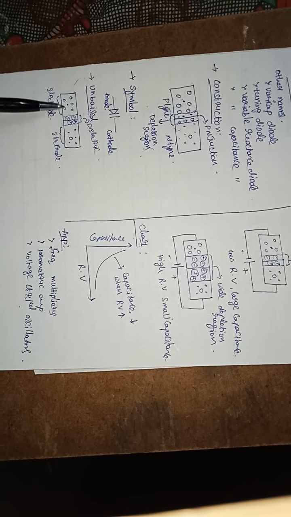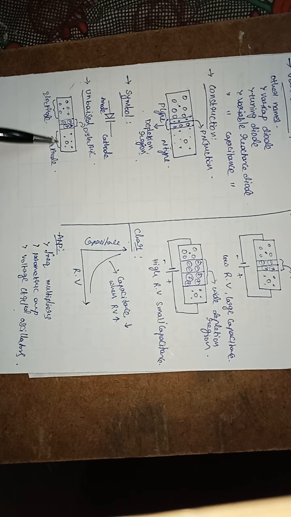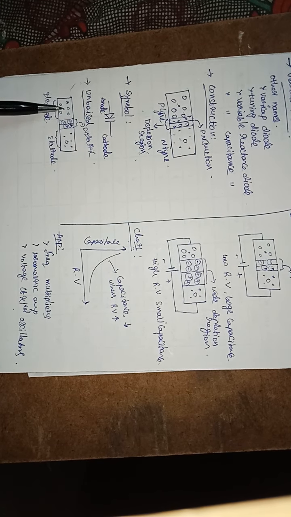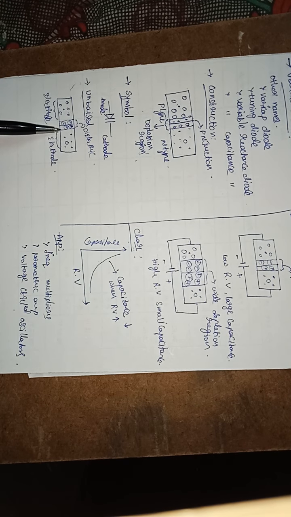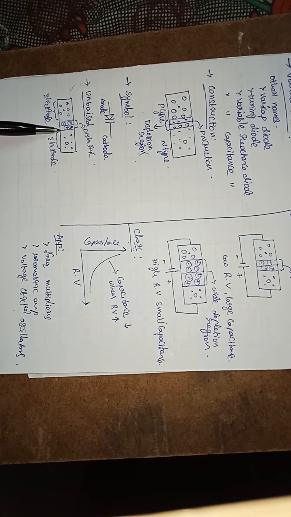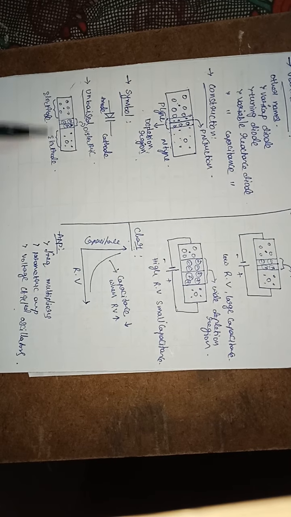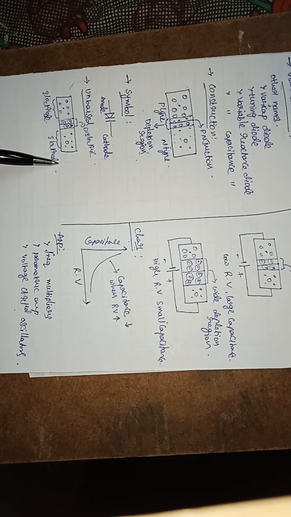Here the p-type and n-type materials act as electrodes, and the depletion region acts as a dielectric material. Electrodes can carry electric current, but in the dielectric there is no electric current. It generates an electric field, so it can act as a capacitor.